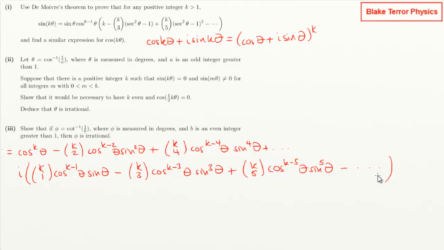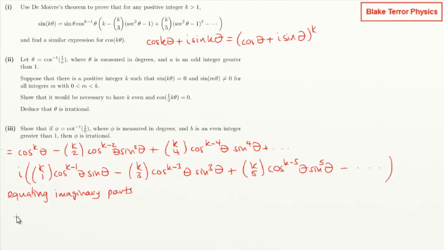So that's the expansion, and now I need to get it to look like that, and it's not far off it, but I've got some sec squareds in there, which is interesting, and they've pulled out some factors. So let's say then, equating imaginary parts, what have we got?